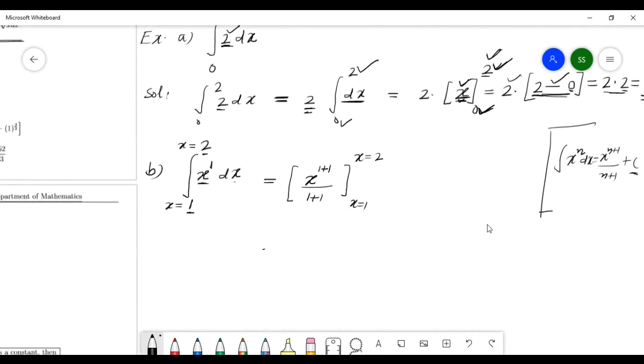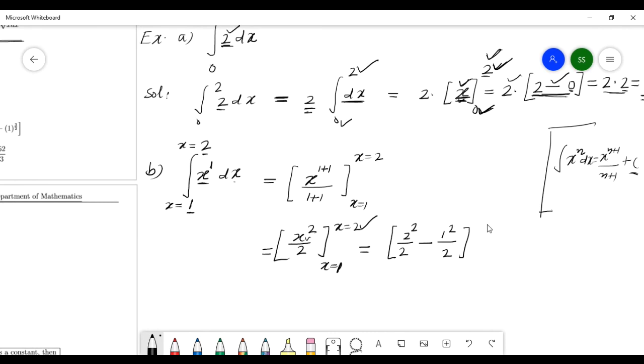This equals what here? Here comes x equals 1 and here x equals 2. First you put x equals 2, so here comes 2 squared over 2, and then subtract x equals 1, so 1 squared over 2. See this.